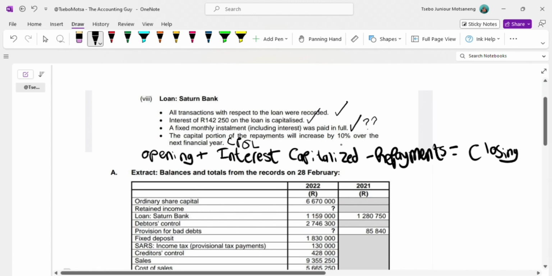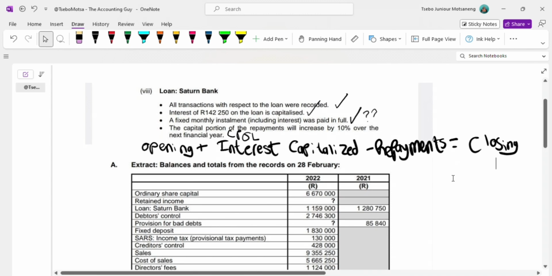So opening balance is the amount we owe for the loan at the beginning of the year. Closing balance is the amount we owe for the loan at the end of the year, right? Okay, and then that's the first equation.